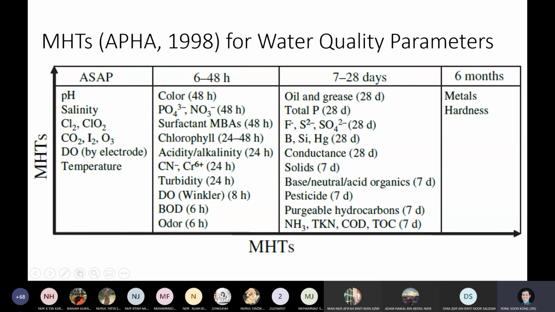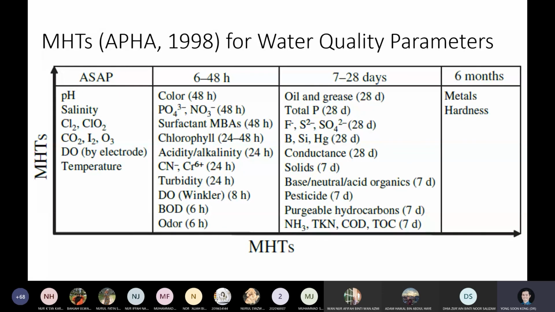But one thing that I need to highlight here is that this maximum holding time is described and issued by APHA. APHA is not the same as Jabatan Alam Sekitar Malaysia though.